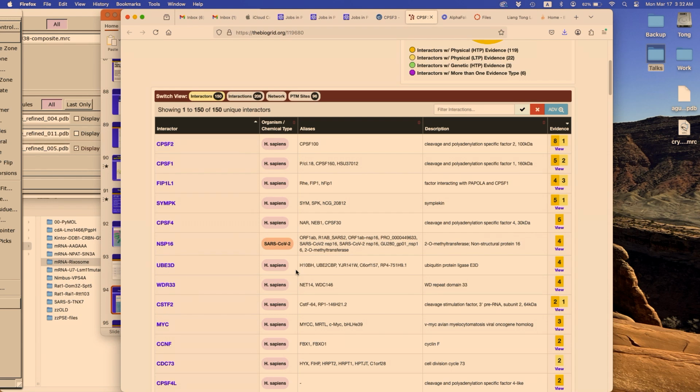BioGRID happens to be the one I found first. You can go through them either manually or write a script if you're good at Python, and go through one by one and look for it. You may get lucky, or may not. But at least you can try it. You have a way to figure it out.